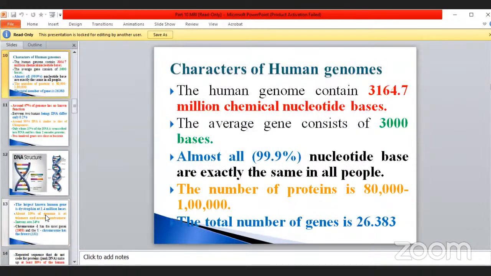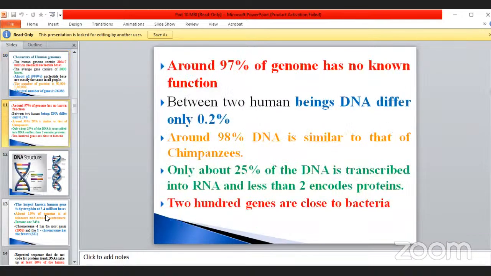And then the characteristics of the human being, you already know all about it. How many millions of nucleotides, what the average gene size is, and almost what percentage of nucleotides is similar to other people's, 99.9%. How many protein molecules are encoded by the nucleotides? 80,000 to 1 lakh. And the total number of genes, you already know.